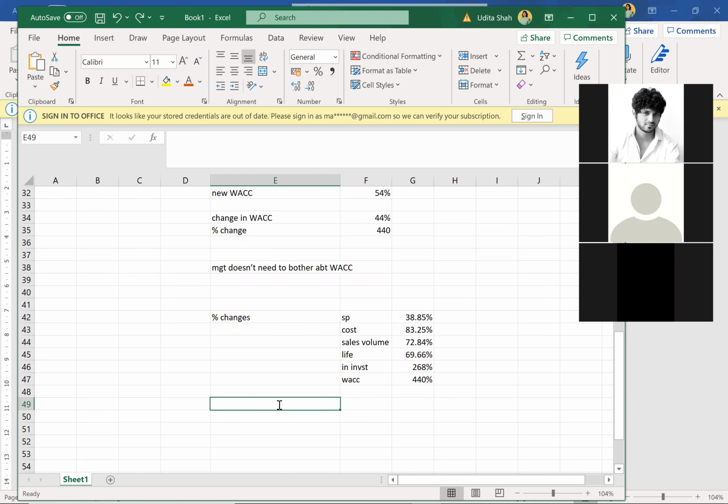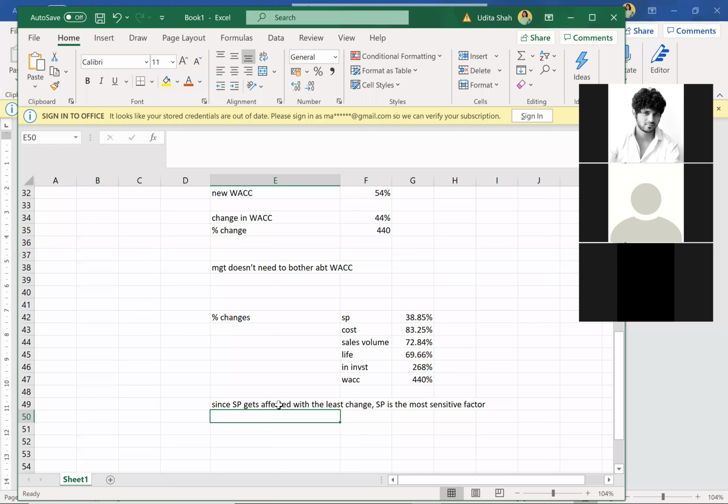Since selling price gets affected with the least change, selling price is the most sensitive factor.